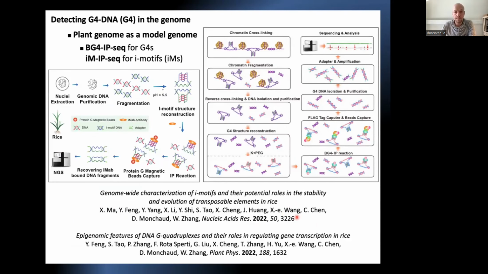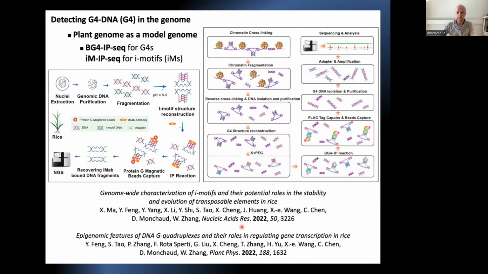So to investigate this, we used a model genome, a plant genome, the rice genome, because it's really convenient to work with. And I am involved in a quite long-lasting collaboration with Wenling Zhang in Nanjing, China, who was interested in deciphering the putative roles of G4 and i-motifs within rice.